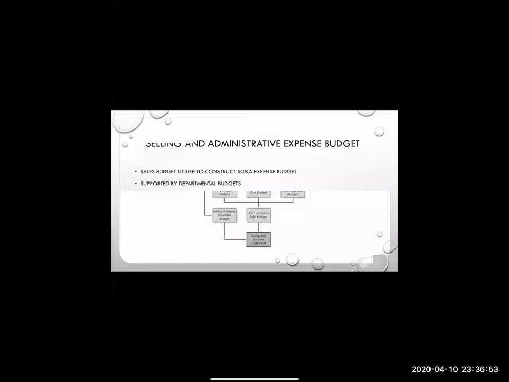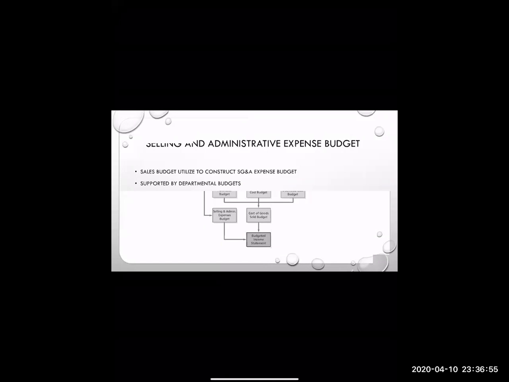So before we do that or look more into that, we're talking about selling and administration expenses. And this is usually the sales budget utilized to construct the SG&A expense budget. So we use the sales budget to create this budget. And why we do that is because usually when you're selling a product, you have delivery expenses that you need to consider.